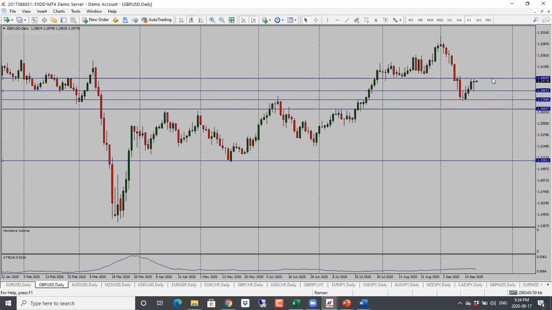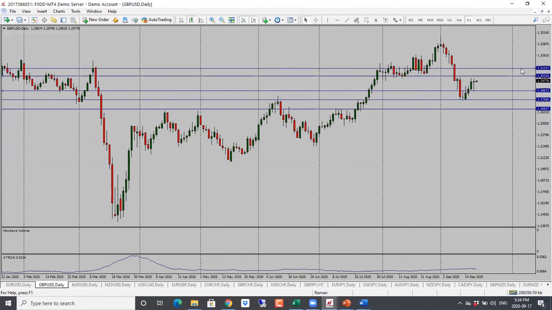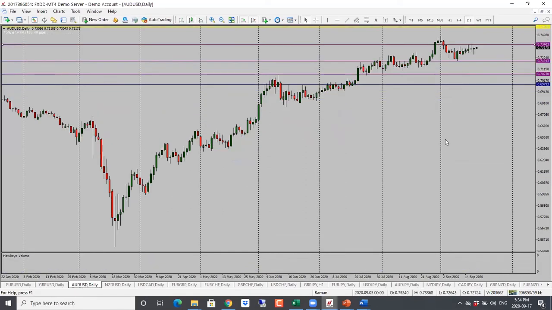In this case, the first target would be the high here, which is very close to 1.30. So let's say 1.3030 is the first target, and once it gets through that, we are looking at 1.3120. So neutral to bullish here for pound dollar.